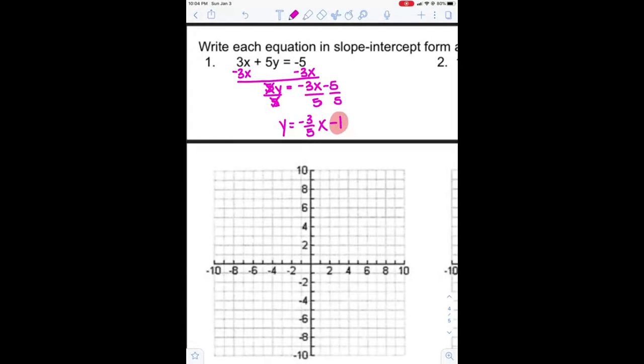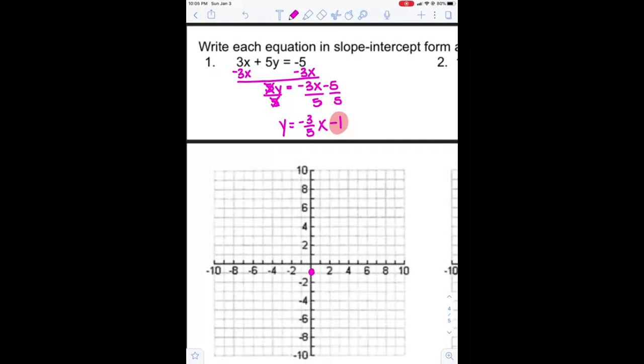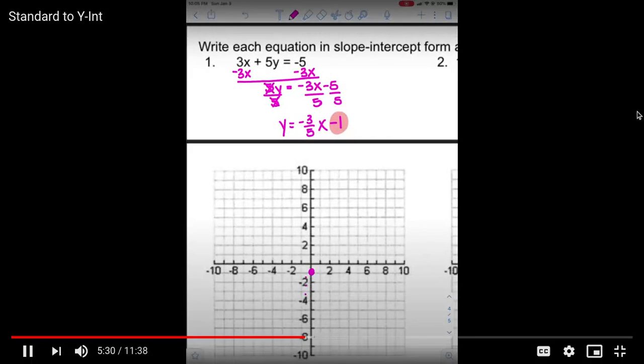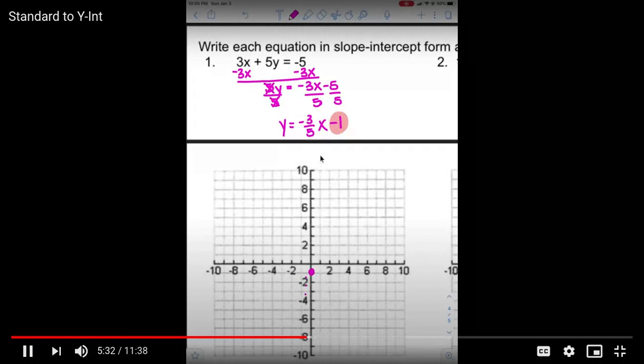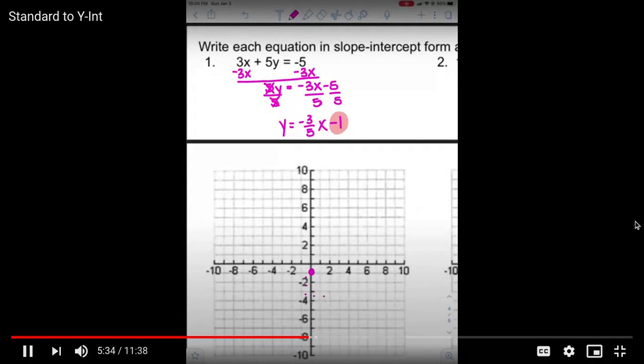You do not need to worry about simplifying or doing anything else to that. So now to graph, I see that my y-intercept right here is negative 1, so I'm going to go ahead and plot that.